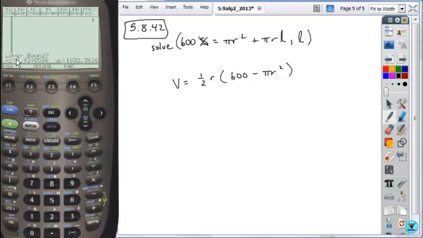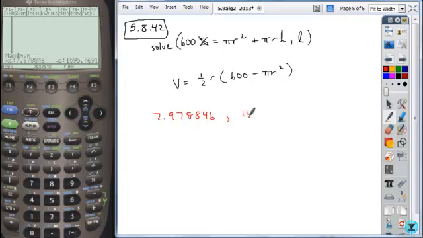So here, my cursor is down here. It's below the highest point, so I can hit Enter for my lower bound. Scroll again, and I finally get it below the upper point here to the right, which is my upper bound. And this is going to give me the coordinates that I'm looking for. So the coordinates of my maximum are 7.978846, and then the y coordinate 1595.7691.